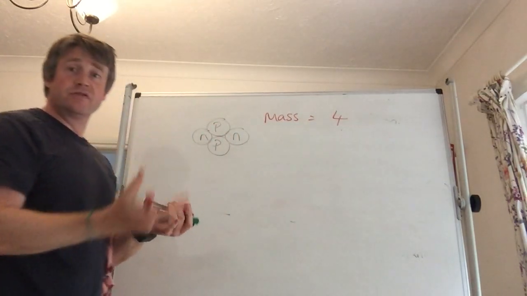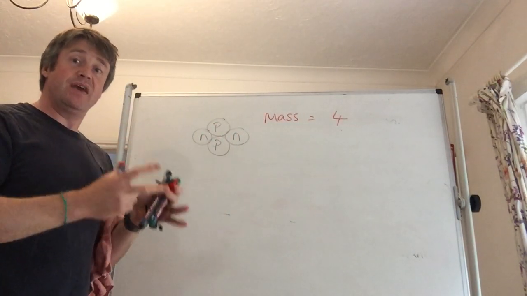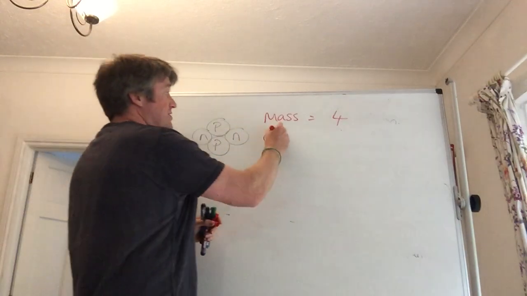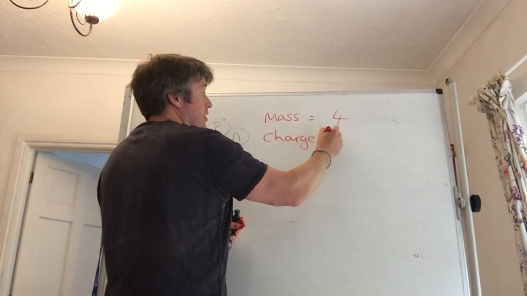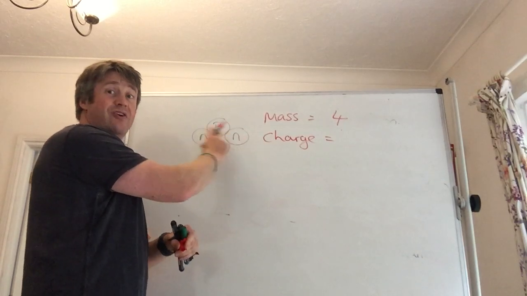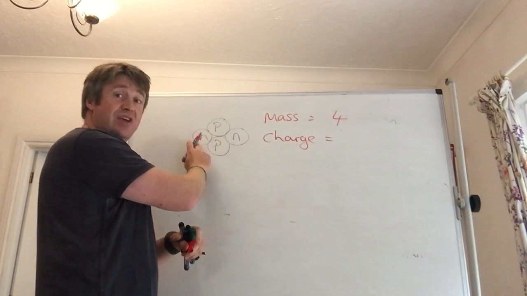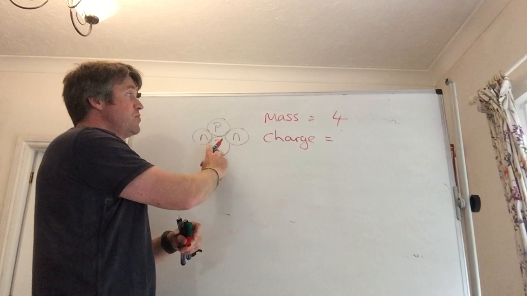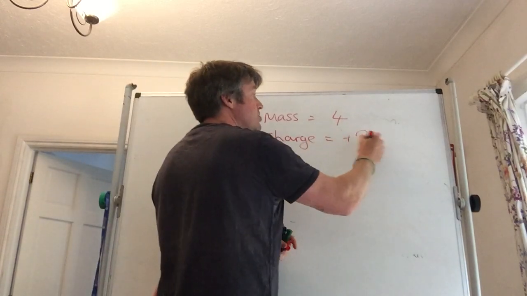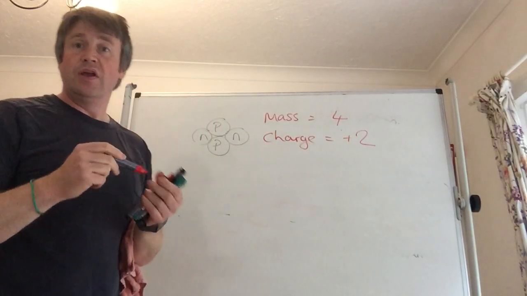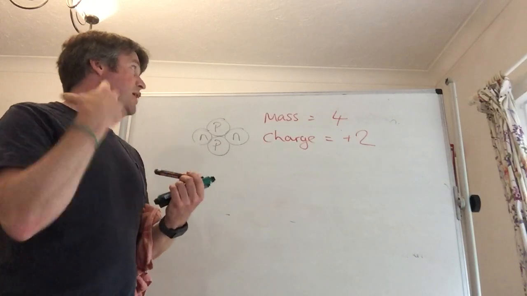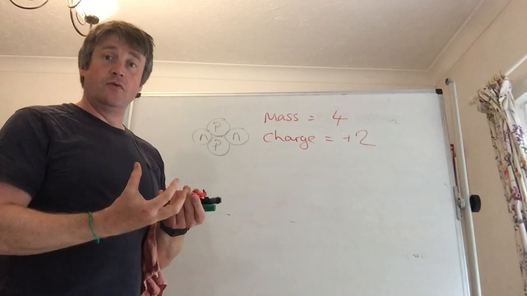Neutrons are neutral, so they've got 0 charge, but it has 2 protons, so its charge is +2, and its mass is 4.